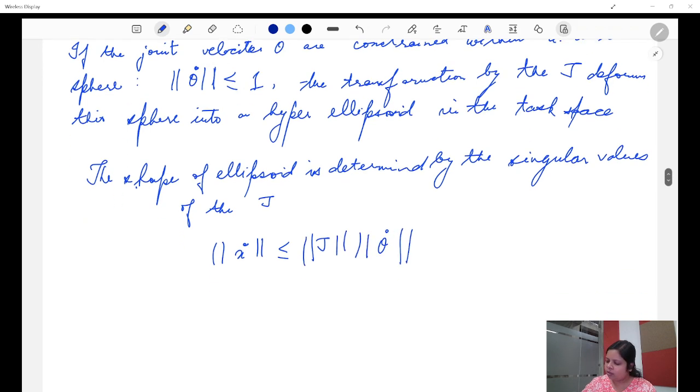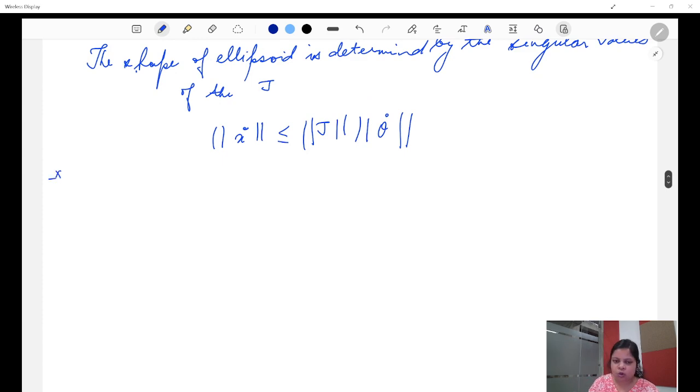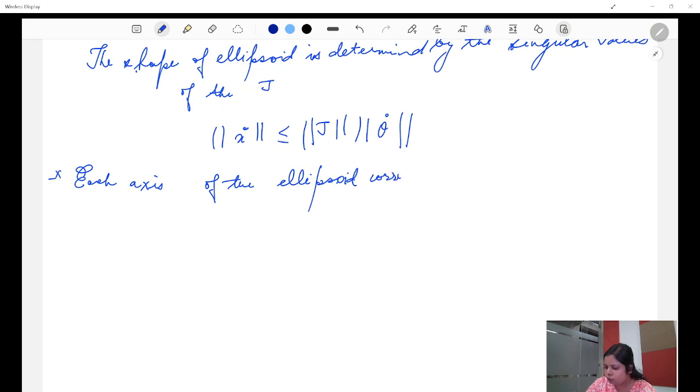Okay. From the last class you also might remember this, that each axis corresponds to a singular value of the Jacobian. These all are very important points that I am telling you. I know you all have watched the lecture and you have got all of these, but these are very crisp points that you should have with you.